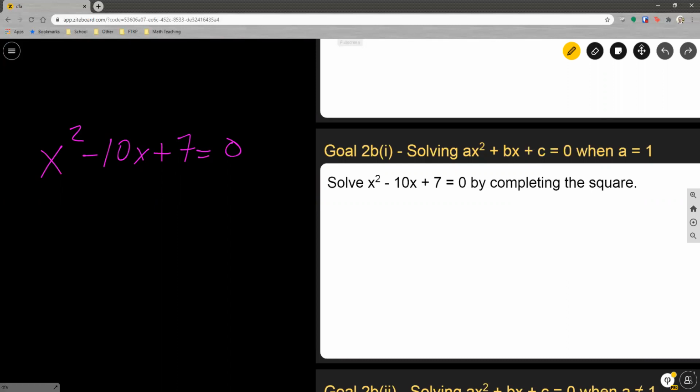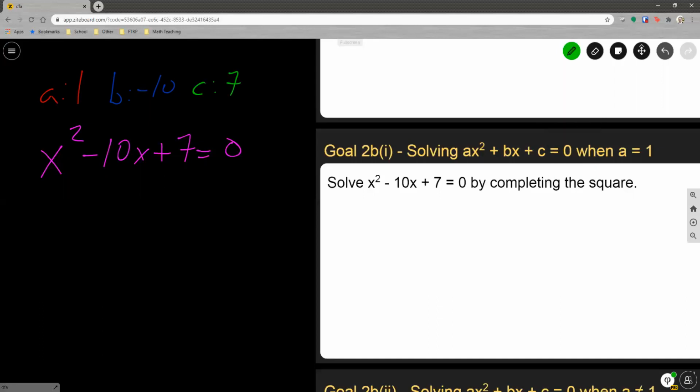So what I'm going to do is move my current c value. Let me write these down for us. Our a value currently is 1. Our b value is negative 10. And our c value is positive 7.